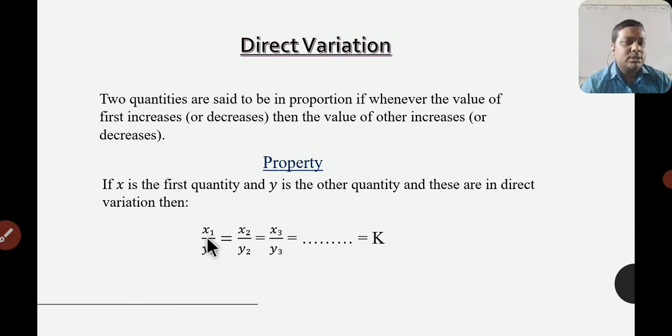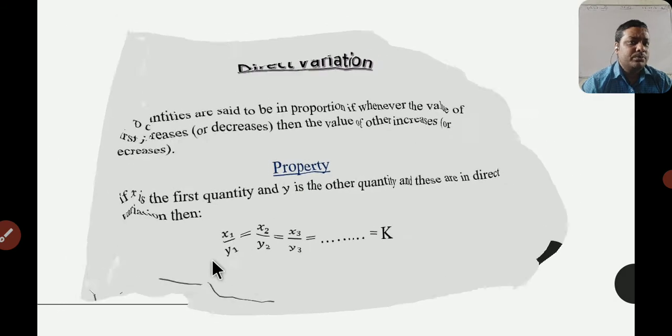Since all are in proportion and in ratio, their value will be the same, equal to a constant term. Here k is the constant term. Always keep in mind that if any two quantities are in direct variation, then we divide the first quantity by the other. I hope you have all understood this property.